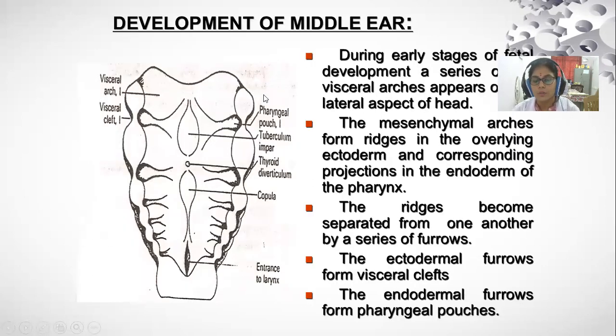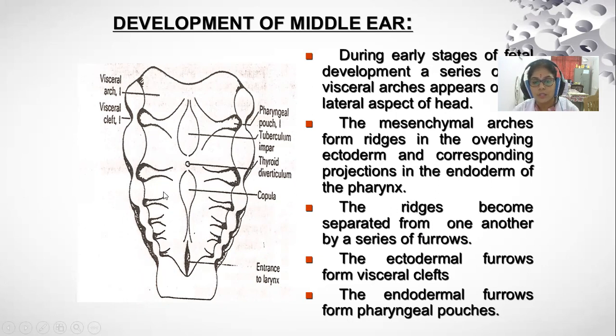So how is your middle ear developed? During early stages of development, a series of visceral arches, known as branchial arches, appear on the lateral aspect of the head. The mesenchymal arches form ridges in the overlying ectoderm and corresponding projections in the endoderm of the pharynx occur. The ridges become separated from one another by a series of furrows.